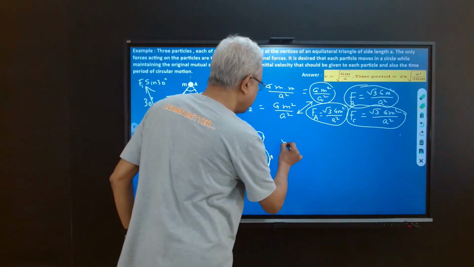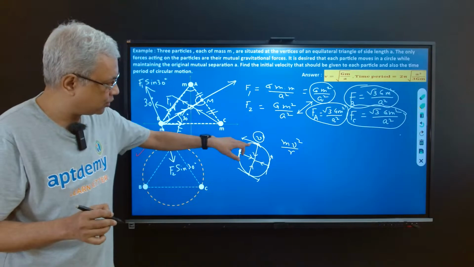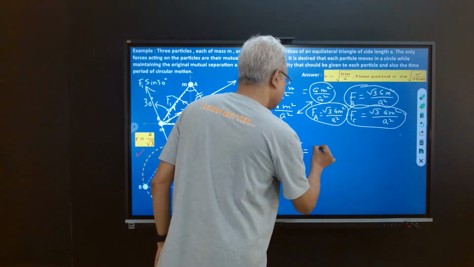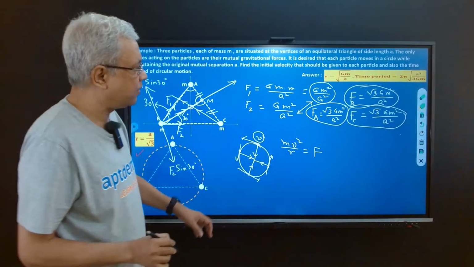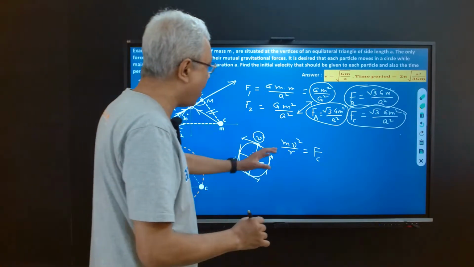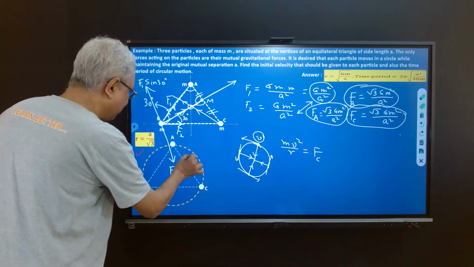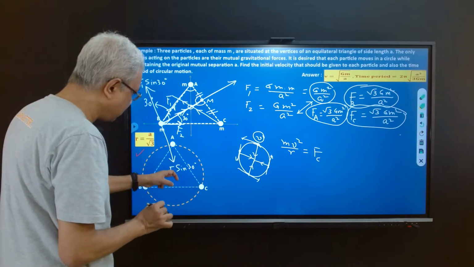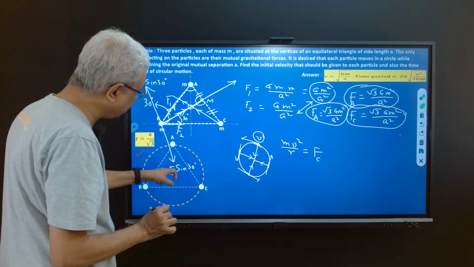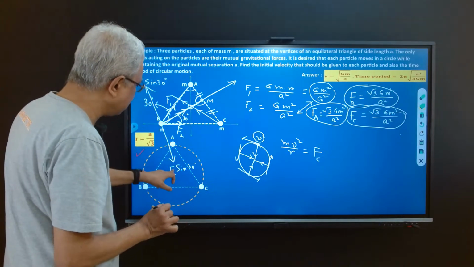And the condition is m v square by r. The centripetal force necessary for this circular motion should be provided somehow. So m v square by r should be equal to Fc, the centripetal force. Now in our case, the circumcenter of the triangle ABC is the center of the circumcircle, and it is a fixed point.